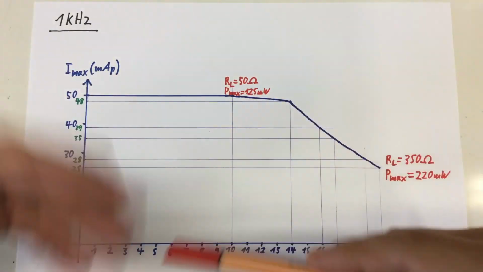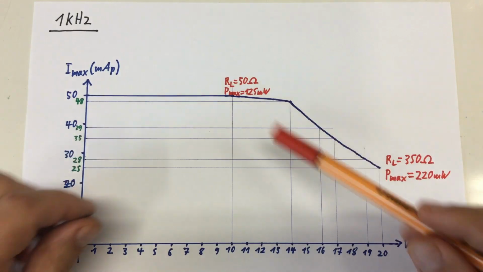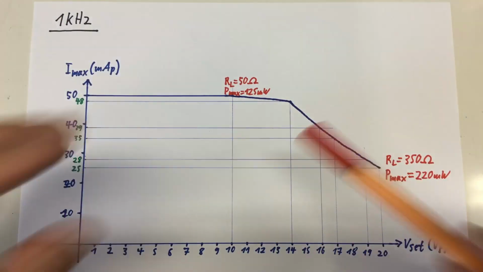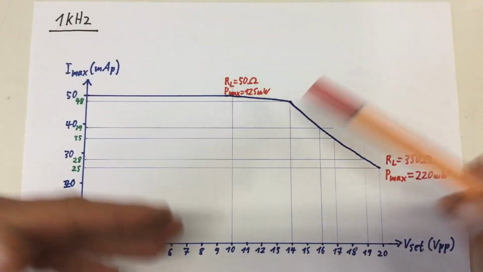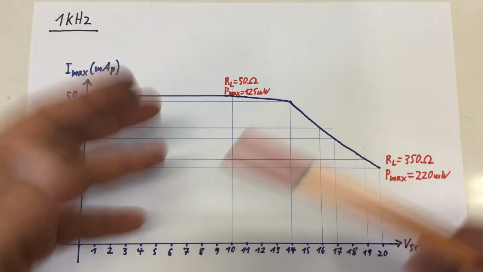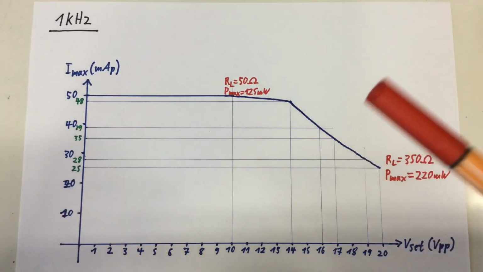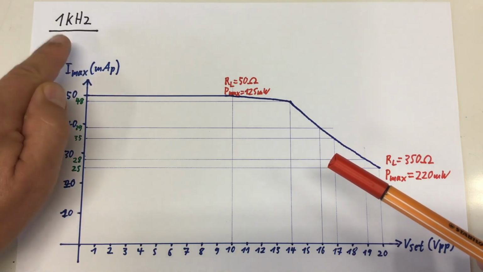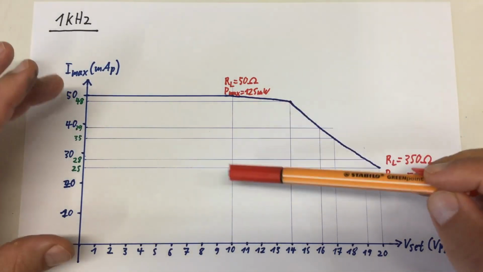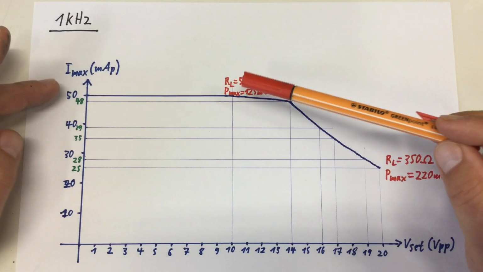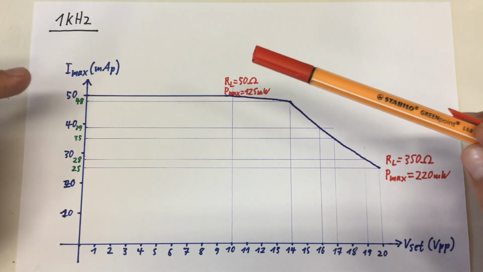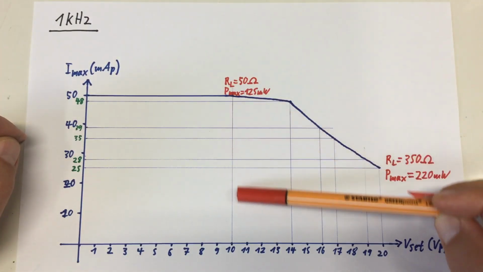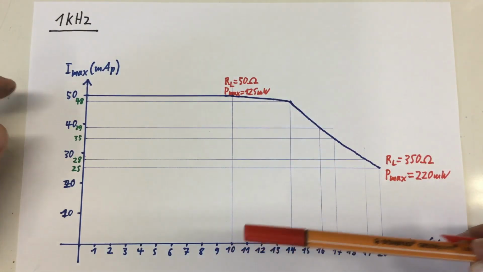To summarize, and please take the values I show here with a grain of salt. I didn't do precision measurements, so let's say plus minus 5% or something like that. Anyway, for low frequencies, and I did all measurements at 1 kilohertz, the unit can supply a maximum output current of 50 milliamps peak, up to 10 volts.